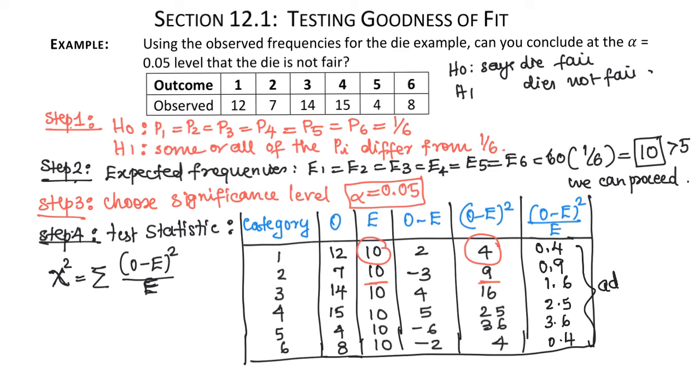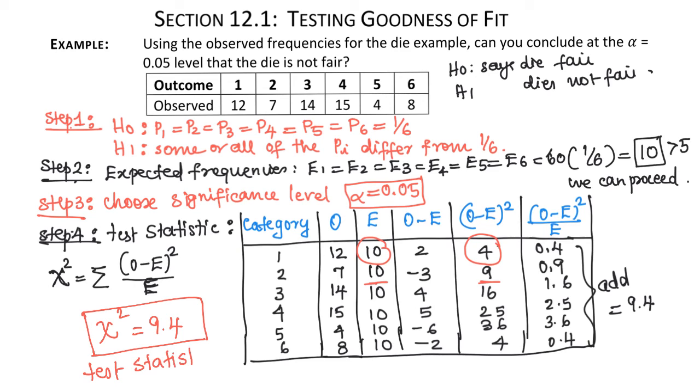Then add all of these and you get 9.4. That means chi-square is 9.4, which is the test statistic. So I'm going to copy down the test statistic: chi-square equals 9.4.